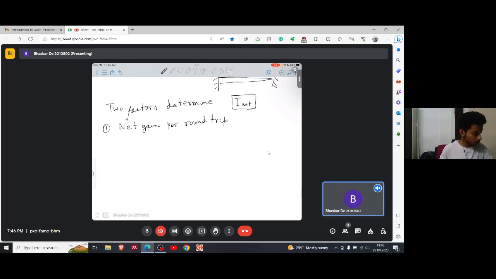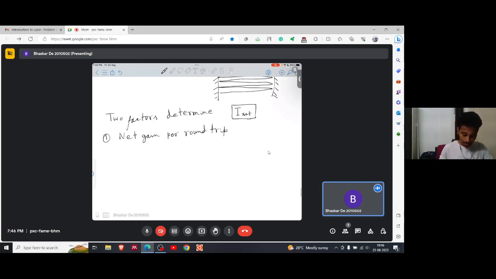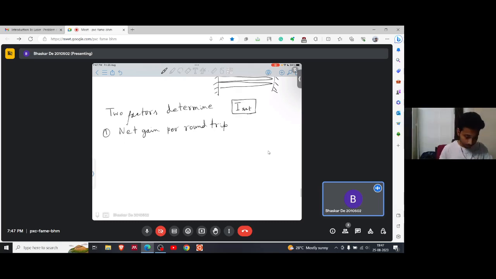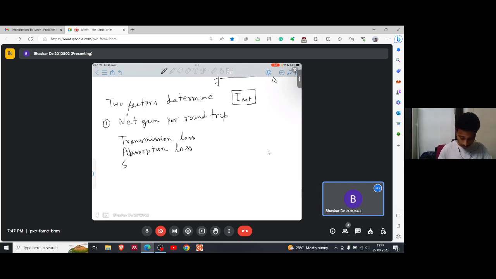So there are three kinds of losses that can happen in the two mirror laser, that is the transmission loss, absorption loss and scattering loss.